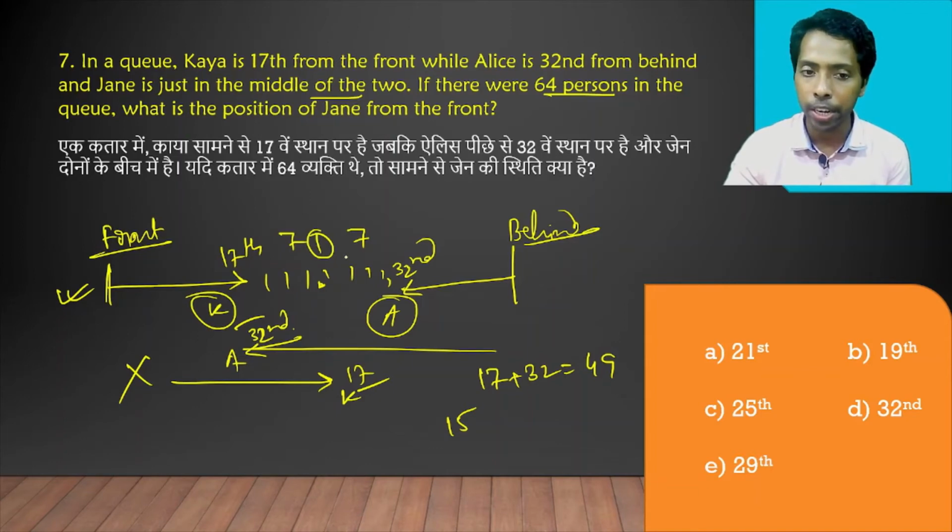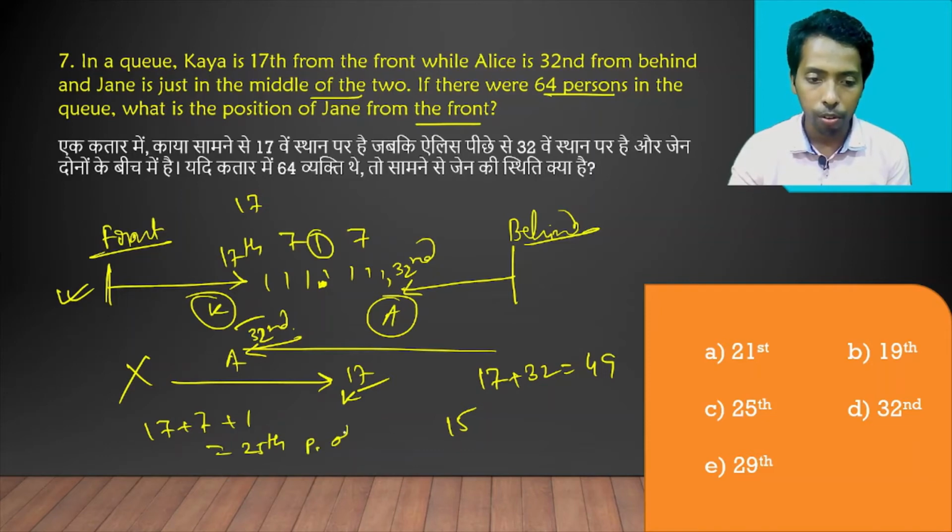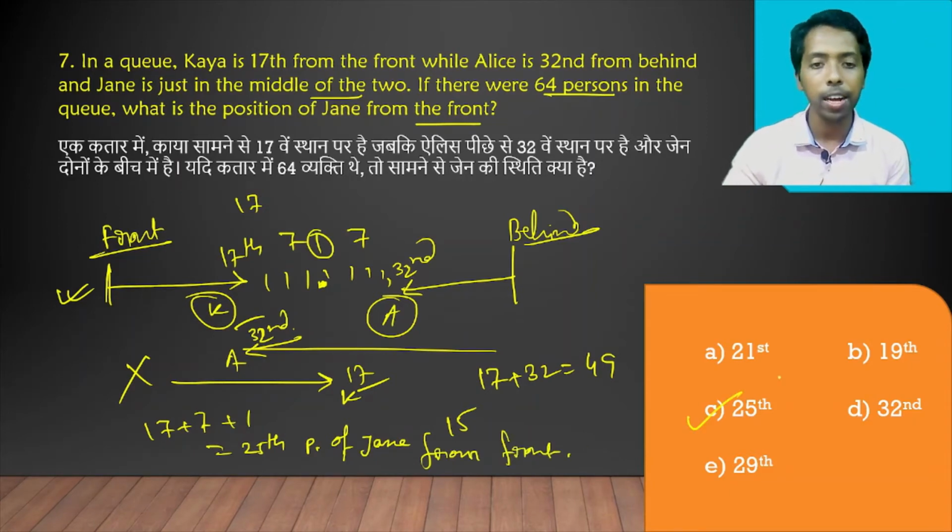So Jane's position from the front is 17 plus 7 plus 1, that is the 25th position from the front, right? So 25th is the answer, option C.